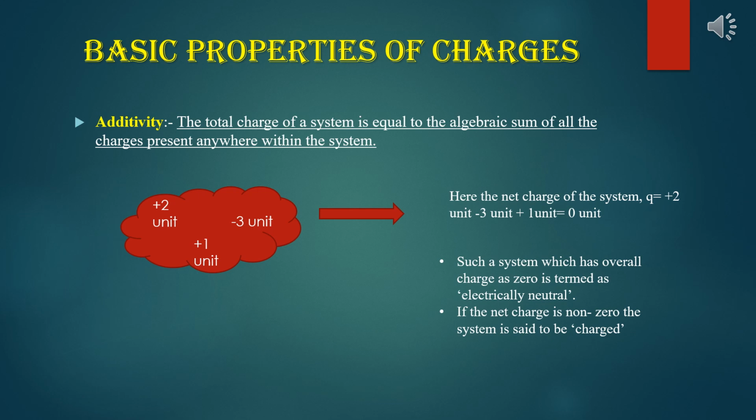Now if by chance it is not, say for example in this particular case it was +2 -3 and -1, what will happen? The overall charge will become 2 -3 -1, that means it will become -2 unit, so it will not be 0. So whenever the overall charge is not 0, then we say that the system is charged or its charge is non-zero.